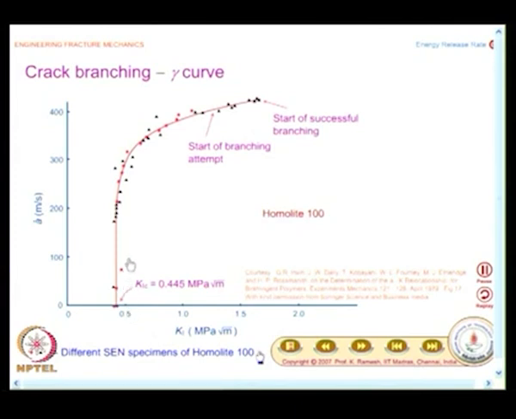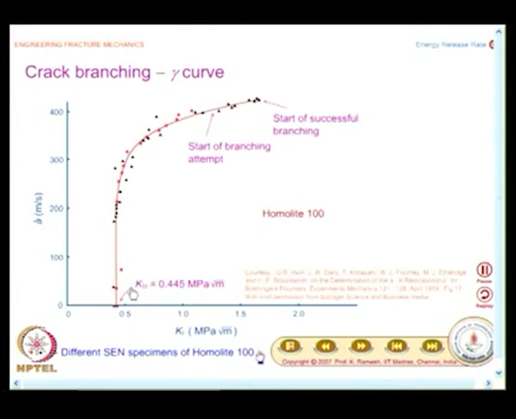And what does this show? The crack has to propagate when the value reaches the critical value of K1C. Though it is an energy release rate chapter, we cannot avoid talking about stress intensity factor.